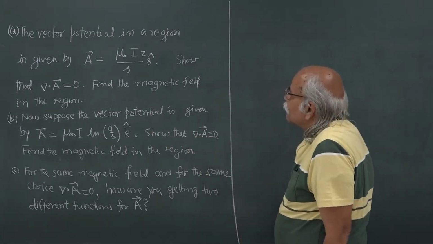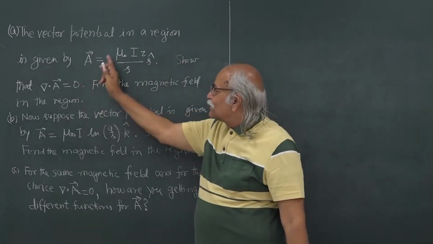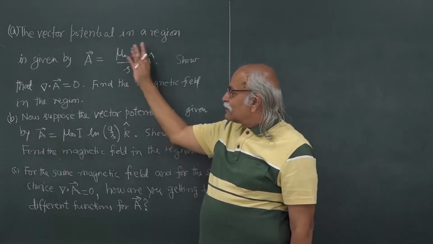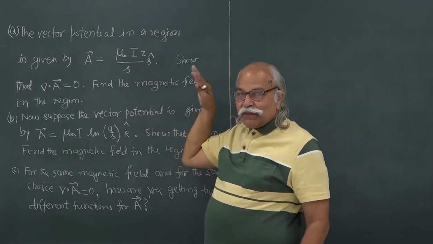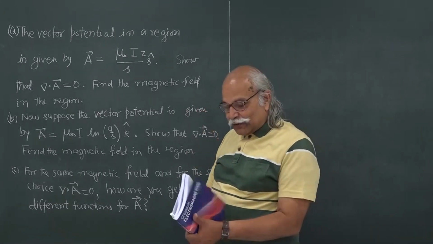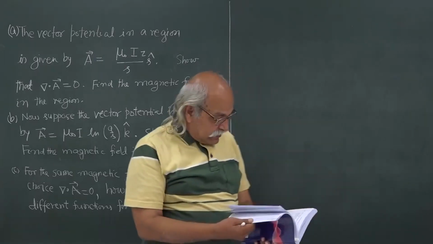Alright. So, we are given the vector potential and we have to show that the divergence of this is 0. Since it is given in cylindrical coordinates, therefore, we will have to use the proper formula for divergence. So, that is here in the appendix.